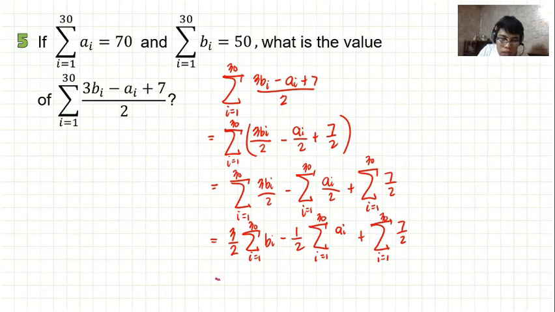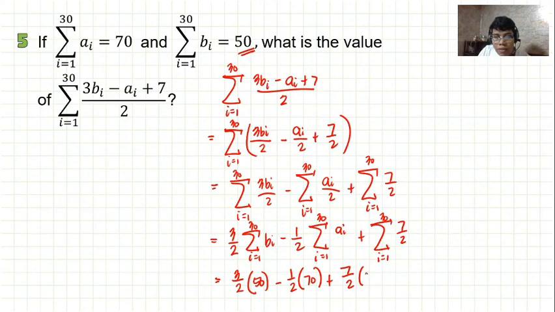So using the given values from the problem, we will now have 3 halves times summation of b sub I is 50. So we have times 50 minus 1 half times summation of a sub I is 70 plus summation of constant. So you have 7 halves times 30 minus 1 plus 1. Then evaluating, performing all the operations involved here, the final answer will be 145. You may use your calculators.